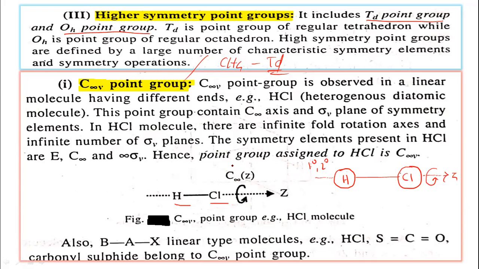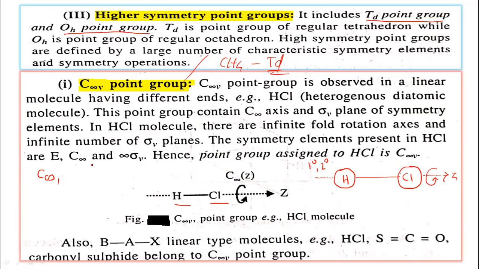So the order of the axis is infinity, n is equal to infinity here. That is the number of times we can rotate this HCl molecule. So it has C infinity, which is the principal axis. So we have found the first symmetry element present in the HCl molecule.